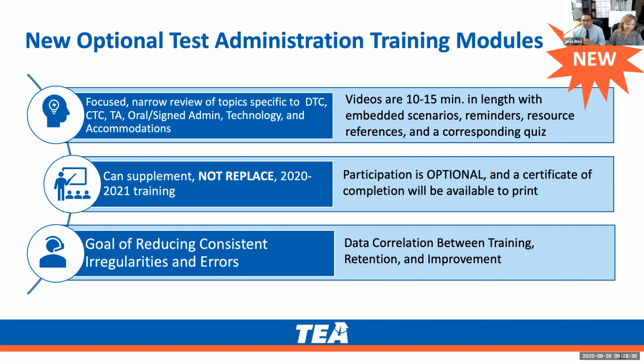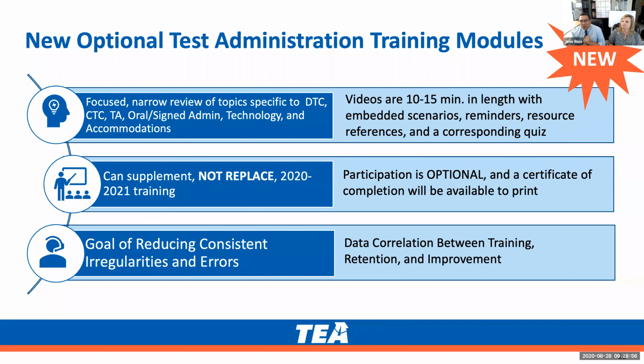However, we also wanted to be able to support where we can using evidence. So Rachel and the STAAR team, our STAAR manager and team, went back and looked at our data bank of irregularities. We looked at the thousands of irregularities that we receive every year, and we tried to identify areas where we can provide additional support.